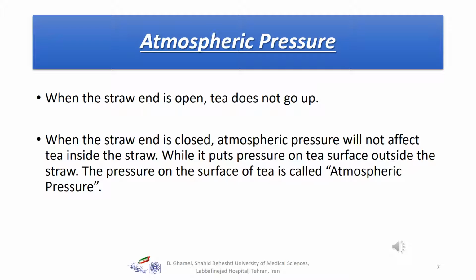The pressure on the surface of tea is called atmospheric pressure, and the difference between outside and inside the straw will cause the tea level to rise up within the straw.